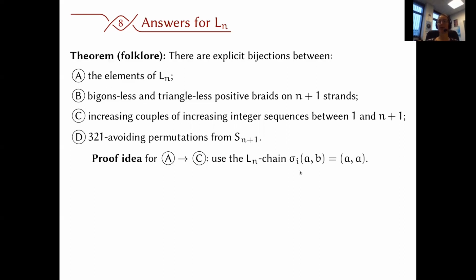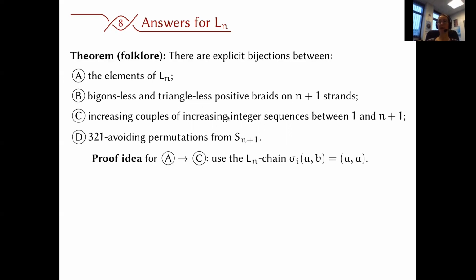So if you apply your representation and look at what numbers survive upstairs, you will precisely understand what the corresponding increasing couples are, which means that, since B and C are equivalent, your map from A to B was well defined.